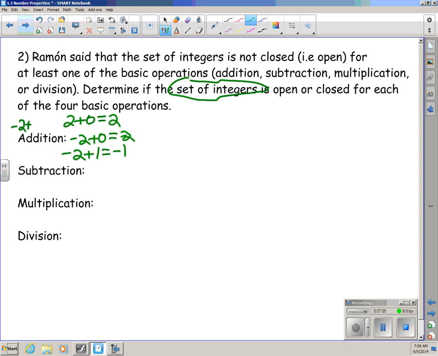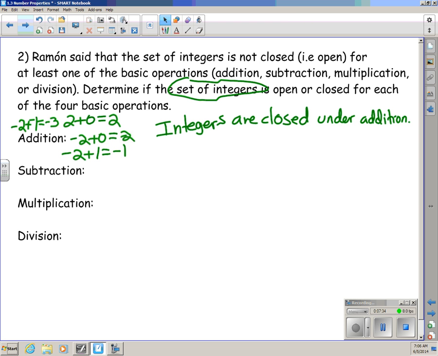Negative 2 plus -1 will produce -3, which is also in the set. So yes, I would say integers are closed under addition. Integers are closed under addition because when you add 2 integers together, you get back an integer, a number in the set.